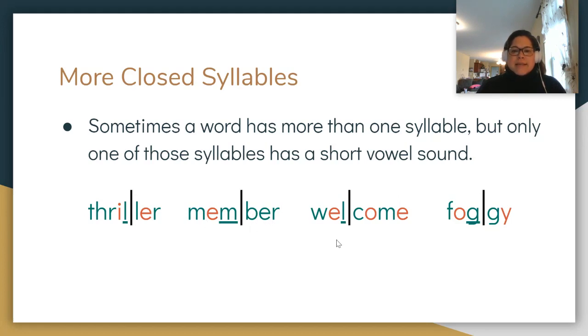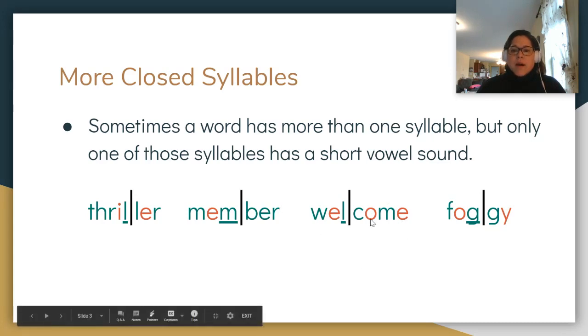Member. Next example. L closes off the E to give it a short vowel sound, well. And this one at the end doesn't close anything off because it's a sight word that we should know, welcome.